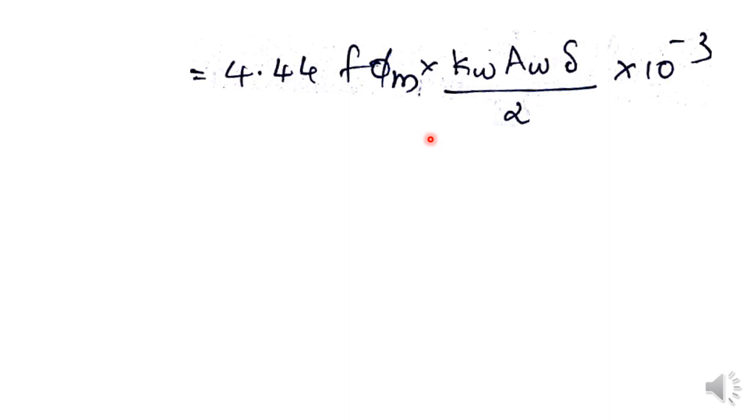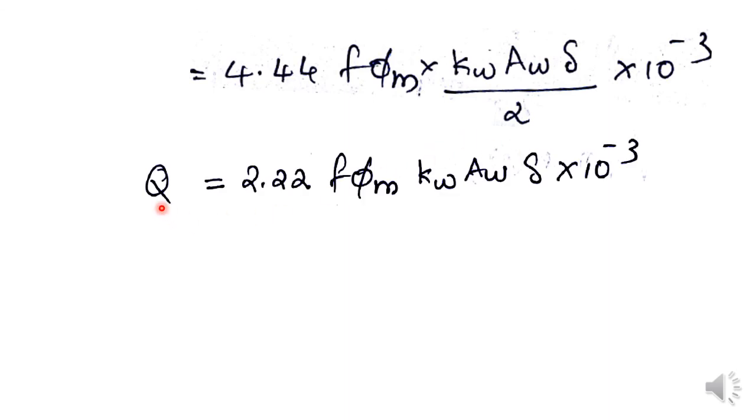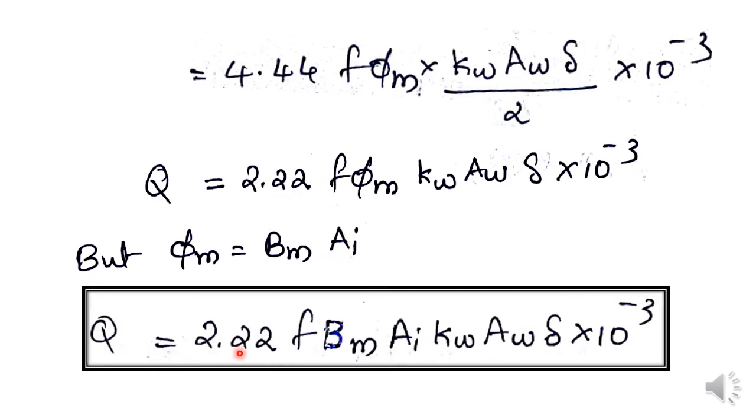By rearranging these terms, we can get the expression as Q is equal to 2.22 F phi m KW AW delta into 10 raised to minus 3. And we can write the value of phi m as Bm into Ai, where Bm is the maximum flux density and Ai is the net iron area of core. Then the equation becomes Q is equal to 2.22 F Bm Ai KW AW delta into 10 raised to minus 3. So this is the final expression of output equation of a single phase transformer.